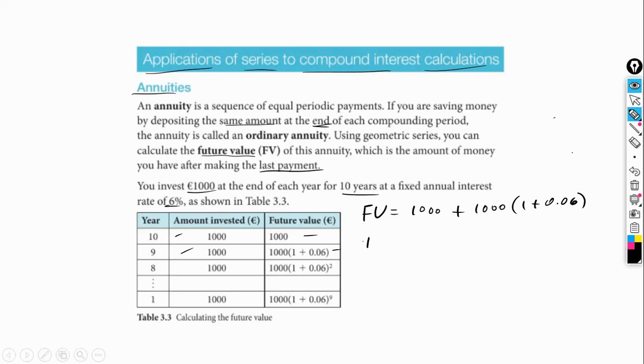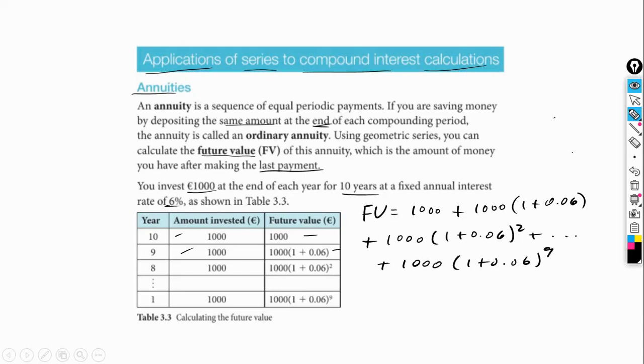And then this process repeats because next year it's going to be 1,000 again, but this time times 1 plus 0.06 squared, and then so forth, right? Until we get to 1,000 times 1 plus 0.06 to the power of 9.